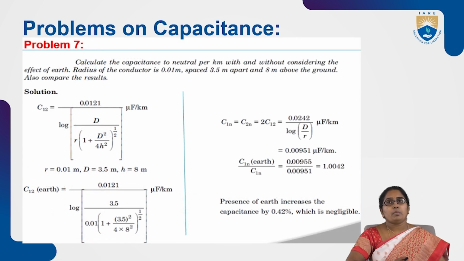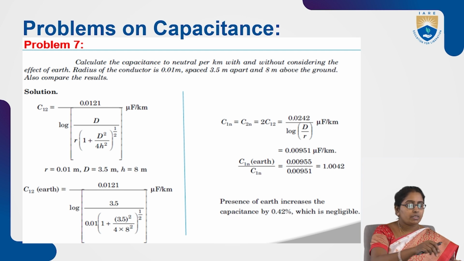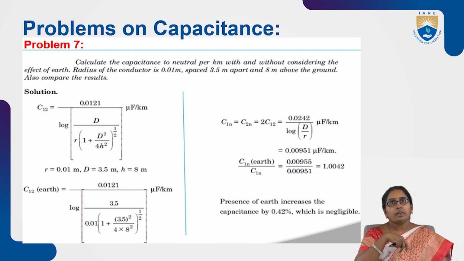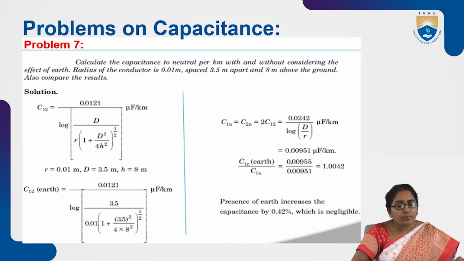There is one more problem. Calculate the capacitance to neutral per kilometer with and without considering the effect of earth. So they ask for both: with considering the effect of earth, and without considering the effect of earth.